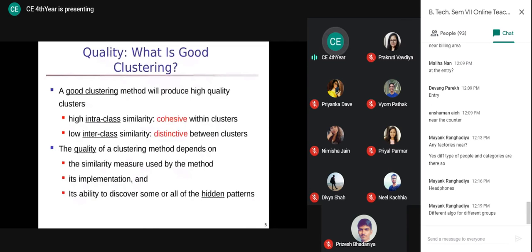That means within the cluster, whichever examples we have, there must be very high similarity between them. And as I have discussed, we haven't focused on the similarity measure because it may vary from application to application.